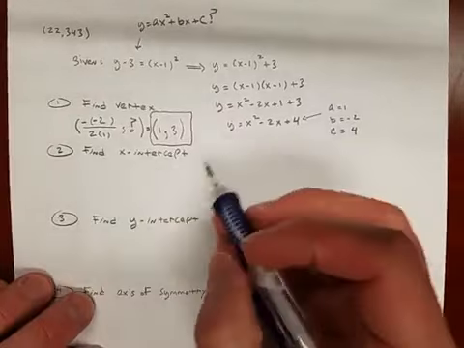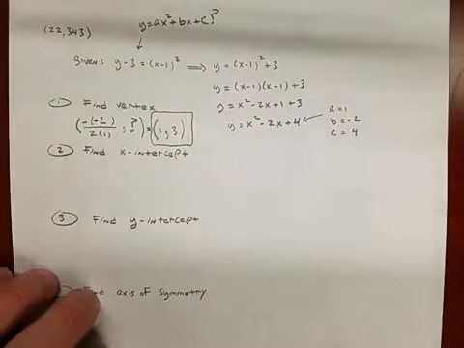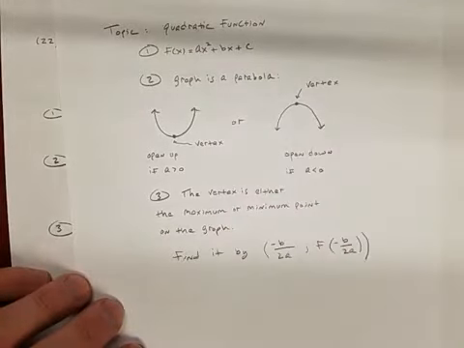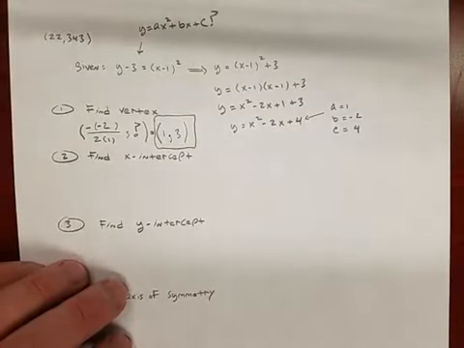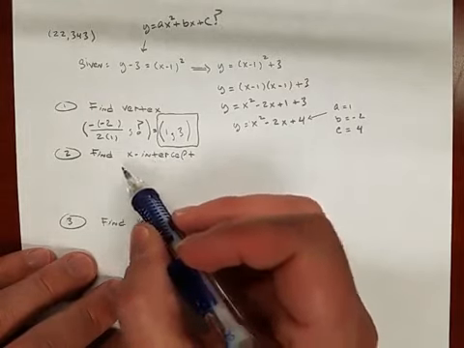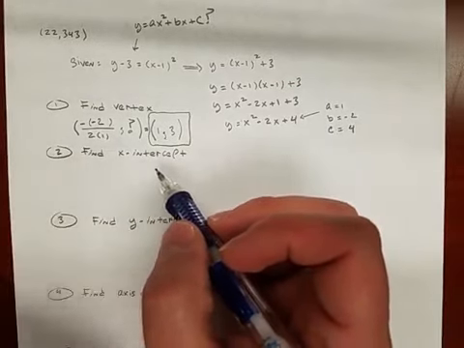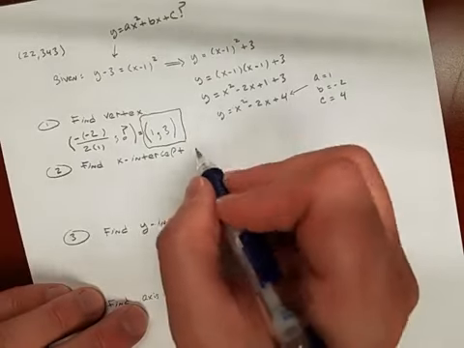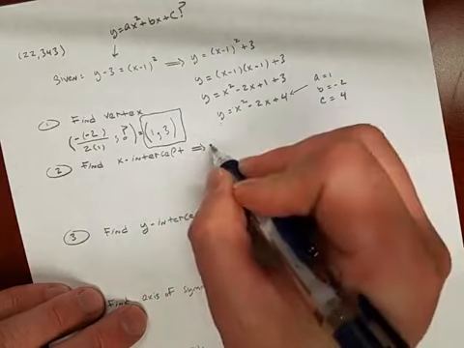X-intercept. So the graph, if you take any graph, maybe it hits the x-axis somewhere. So how do we find the x-intercept? Well, on the x-axis, where the curve or graph hits the x-axis, one thing has got to be true about that, and that's that y is equal to 0.